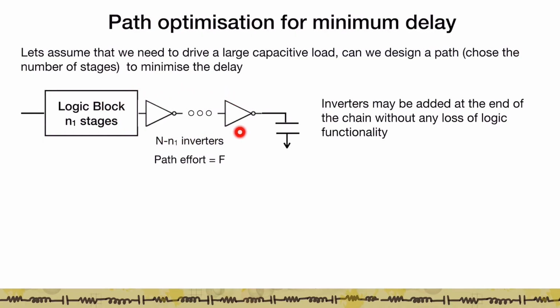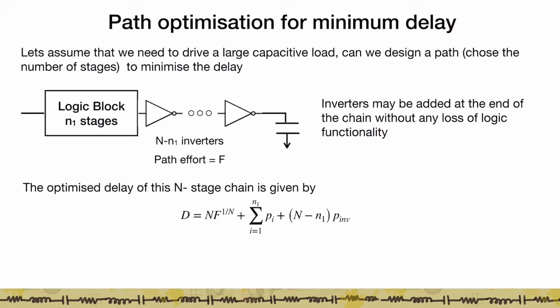Does this design give me a better optimal point for delay as opposed to one without the inverters? Any number of inverters can be added without any loss to the logic functionality. Right? So let's assume we have added n minus n1 inverters to the path, which means the total number of stages in this path is n. Now let's assume that the path effort of this particular path is f.